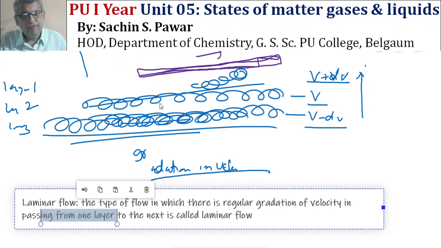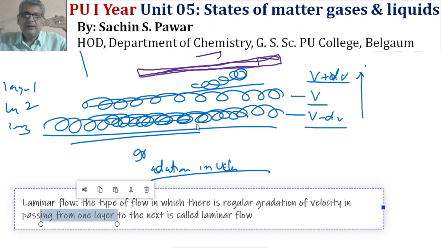The layer of liquid particles below it will be moving at a little bit slower speed, and so on and so on. The lower layers will be moving with different speeds. And if you go to a very deep level, you will see that the water is not moving at all. That water layer is not moving at all. So there will be regular gradation of velocities.